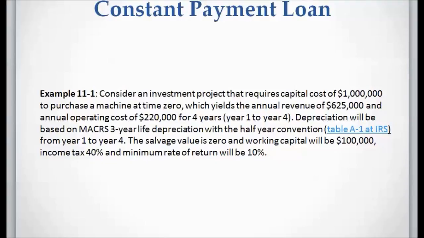The machine is going to generate annual revenue of $625,000, and the operating cost is going to be $220,000 from year 1 to year 4. The discount rate is going to be 10%, and tax will be 40%, and we are going to consider the working capital of $100,000.